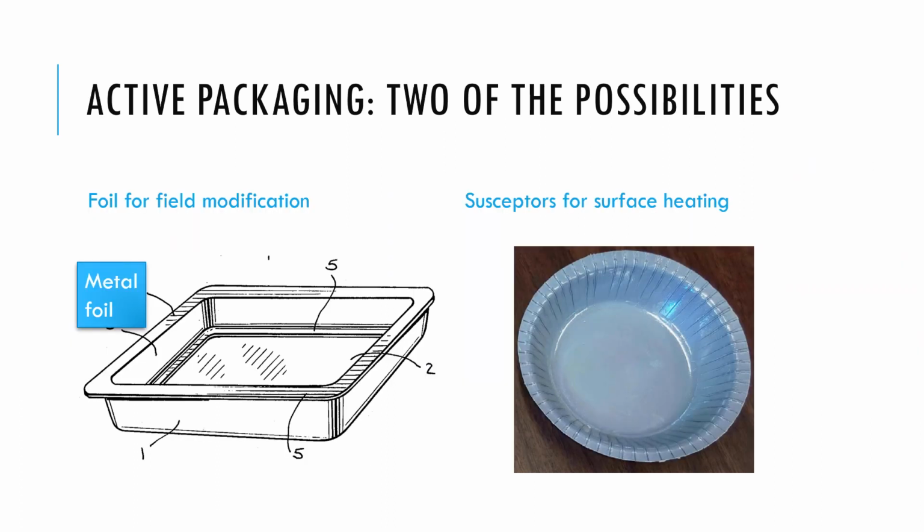As I said, I'll talk about two possibilities, and one is the use of metal foil for field modification, like you see here.